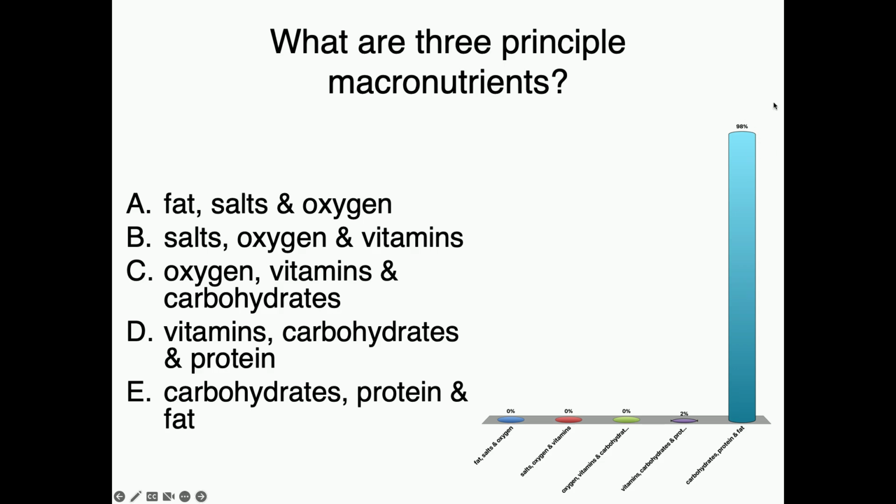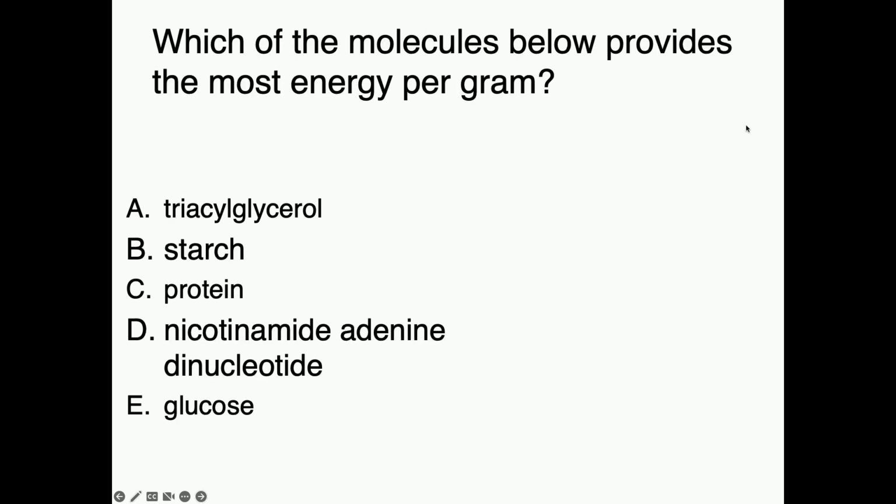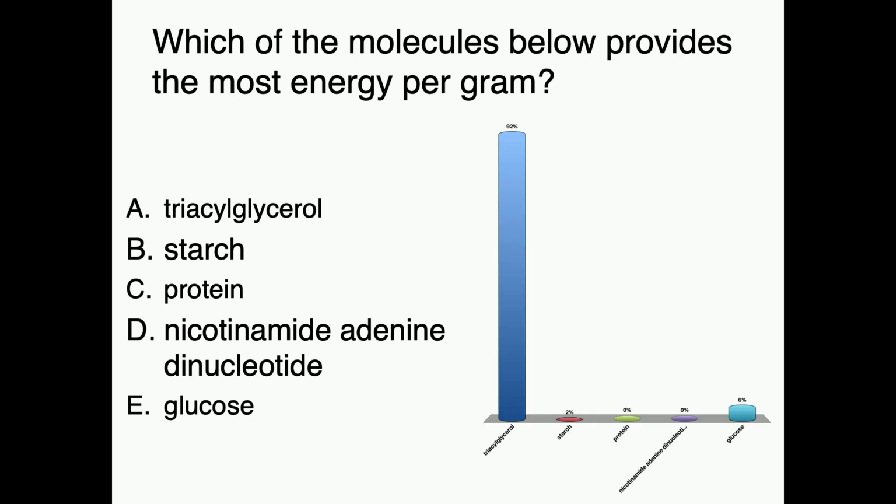Okay, best answer is carbohydrates, protein, and fat. Very good. So triacylglycerol, that's our main dietary fat, and if you look at the carbon there, the carbon is very reduced.